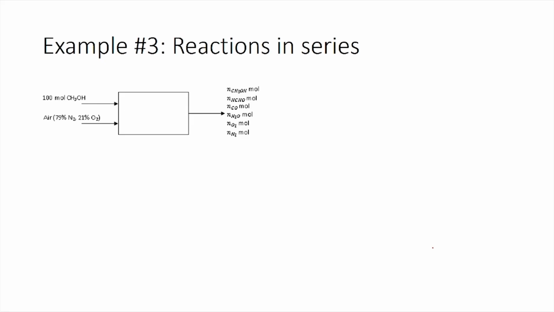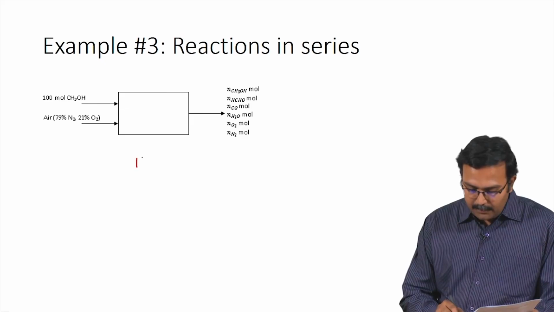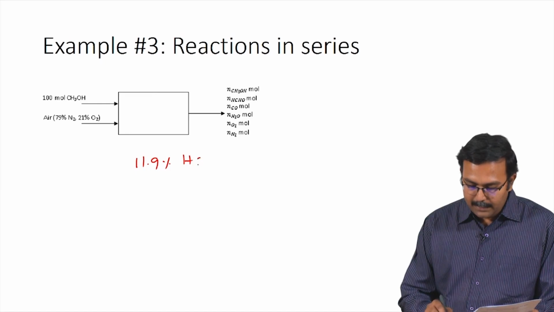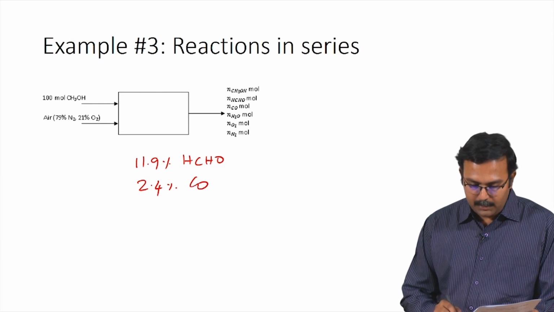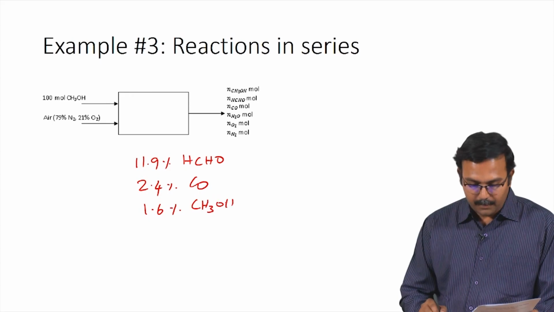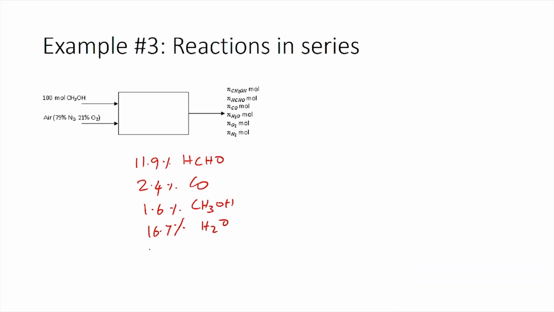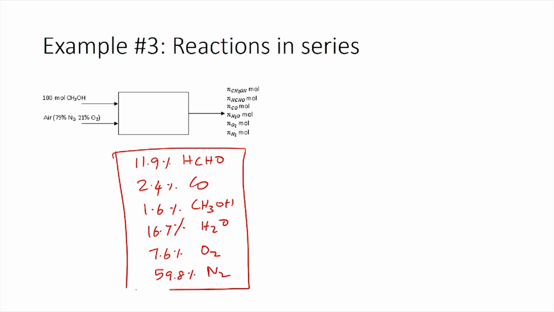So, the composition of the product stream would be 11.9% formaldehyde, 2.4% carbon monoxide, 1.6% methanol, 16.7% water, 7.6% oxygen and 59.8% nitrogen. So, this gives you the molar composition of the product gas which we have obtained through this process.